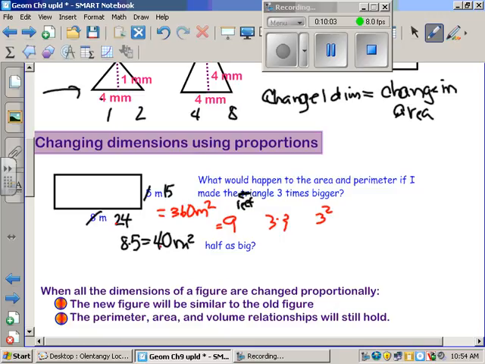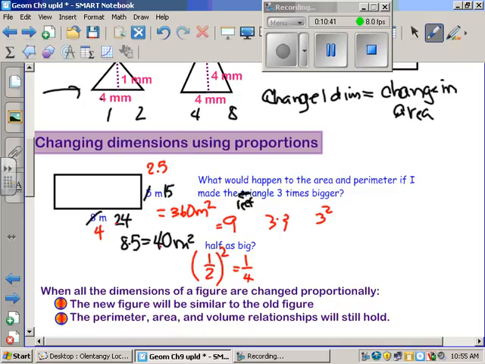Okay? So the same thing, if it's half as big, so instead of 5 by 8, I change it to 2.5 and 4. Take a second and guess what you think the area is going to go up by. Hopefully you said 1/4, because 1/2 squared is 1/4.